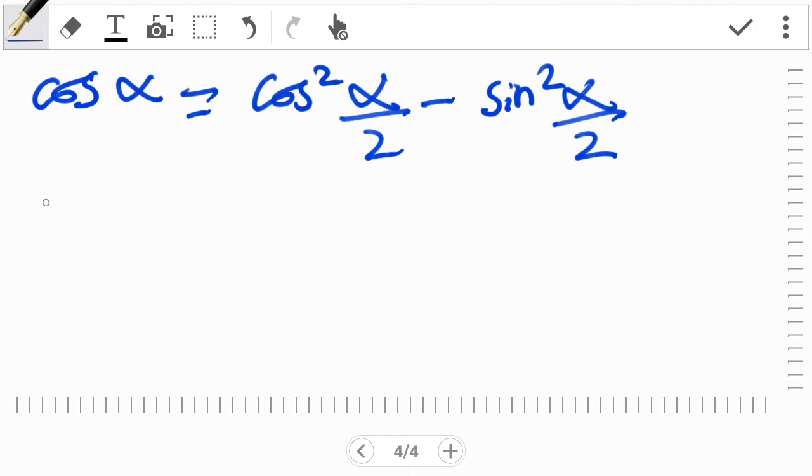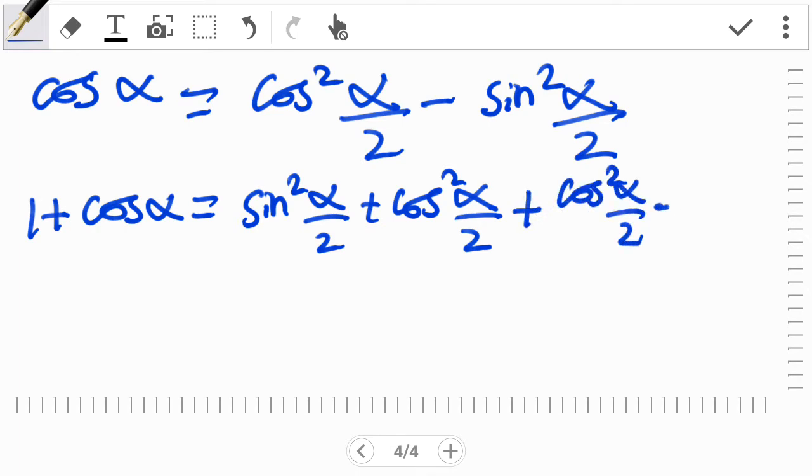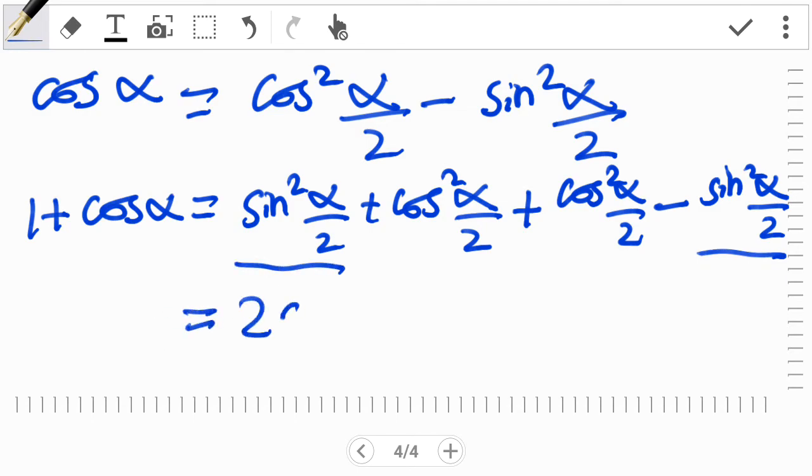So what is 1 plus cos alpha? Now this 1 can be written as sin square alpha by 2 plus cos square alpha by 2, and this cos alpha can be taken from above and written as cos square alpha by 2 minus sin square alpha by 2. So these two sin square alpha by 2 terms will get cancelled, and we will get 2 cos square alpha by 2.